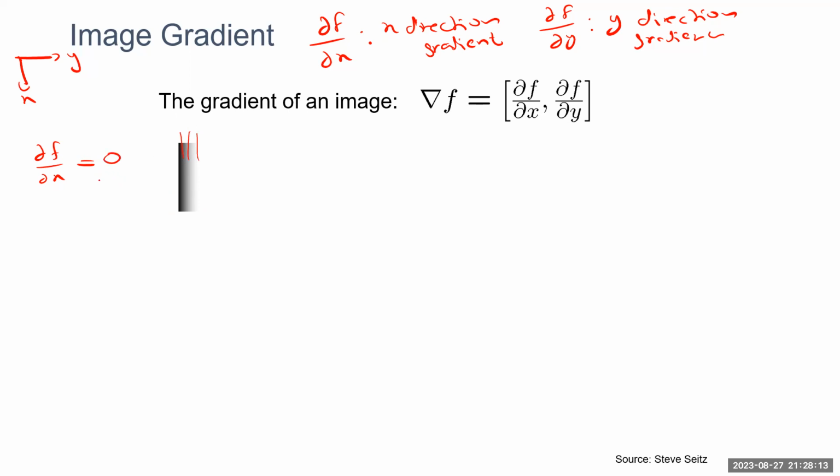Right? ∂f over ∂y, what's it going to be? It's going to have some value, it's not equal to 0. So we can get something like this.